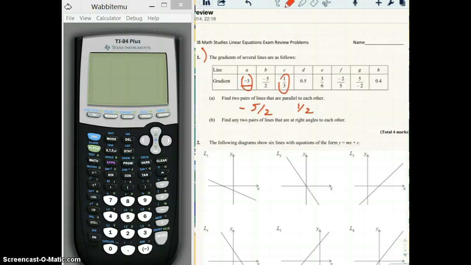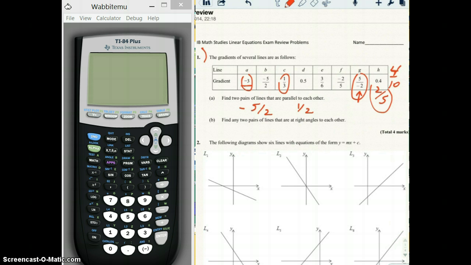Anything else? How about 0.4? That's actually the same as 2 over 5. Remember that 0.4 would be 4 over 10, same thing as 2/5. Now, is there anything that's the negative reciprocal of 2/5? Yeah, this one, 5 over negative 2.